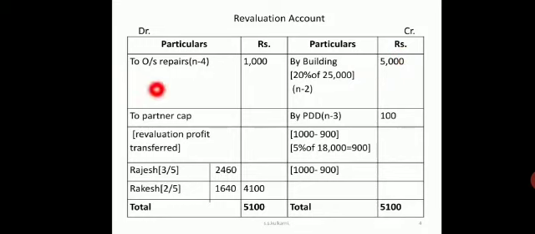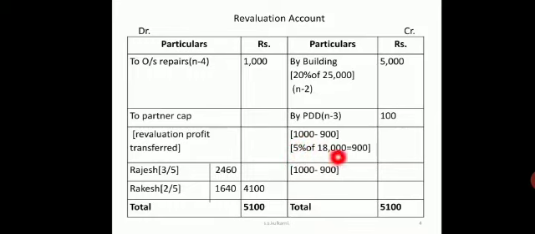Next, you are having provision for doubtful debts. Now when provision for doubtful debts are to be taken, you have to raise it by 5% or maintain at 5%. Already we are having 1,000 which is existing in the balance sheet.